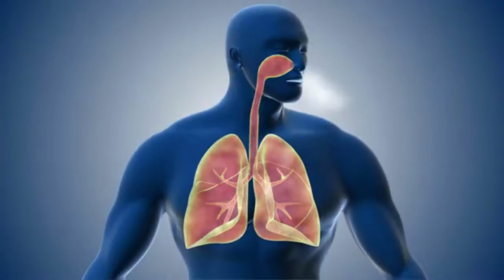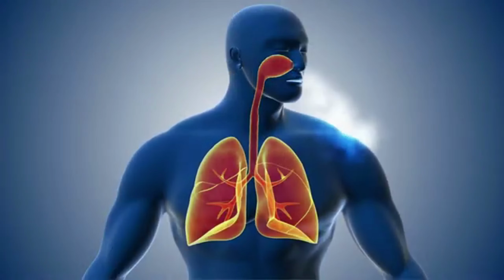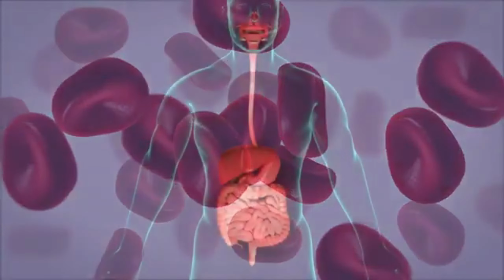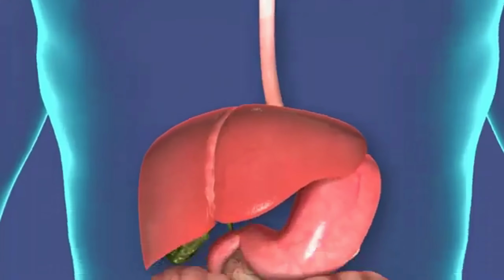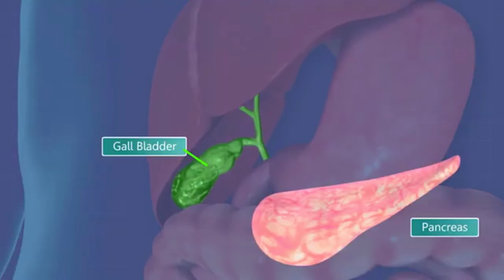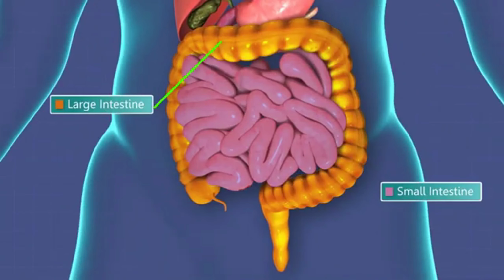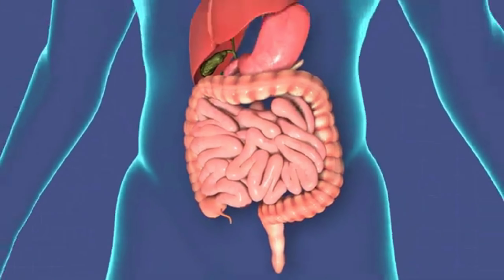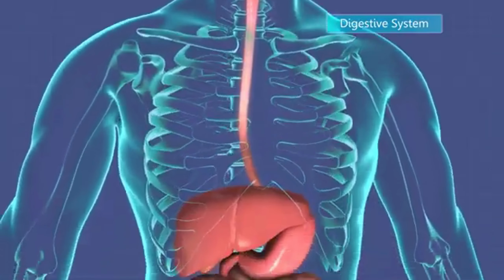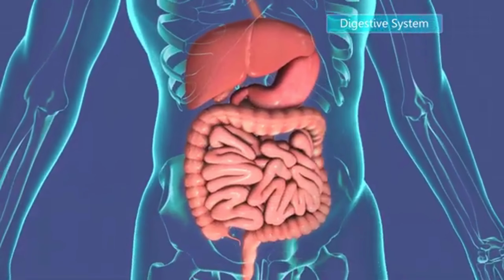The respiratory system removes carbon dioxide from the body and delivers oxygen to the blood. The digestive system includes the stomach, the liver, the gallbladder, the large intestine, and small intestines. The digestive system processes food for use by the body and removes waste from undigested food.